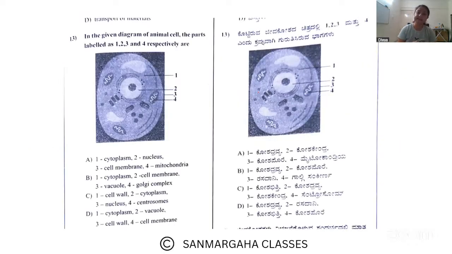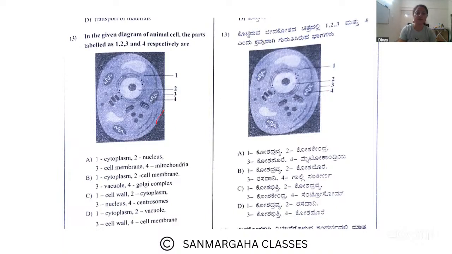Going on to the next question. In this given diagram of an animal cell, how do you identify whether it is an animal cell or a plant cell just by looking at the picture? As we have discussed, an animal cell is irregular or oval shaped. So see whether it is irregular or oval shaped.